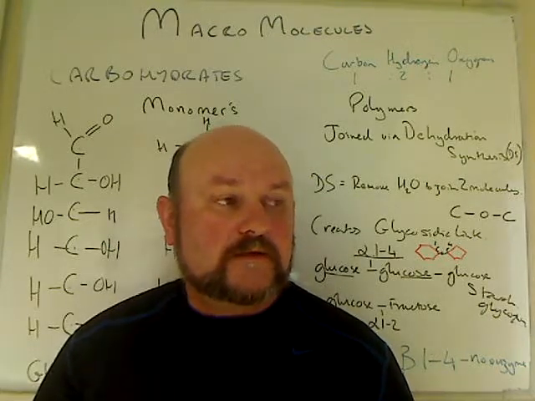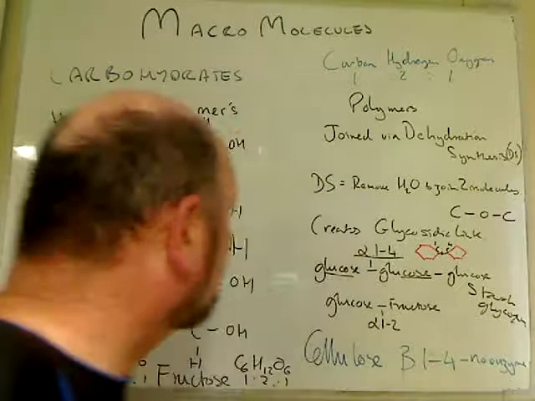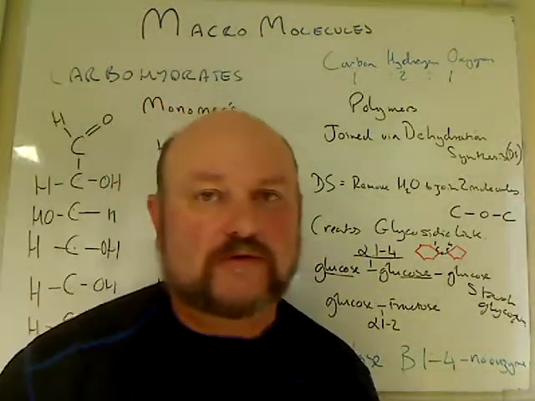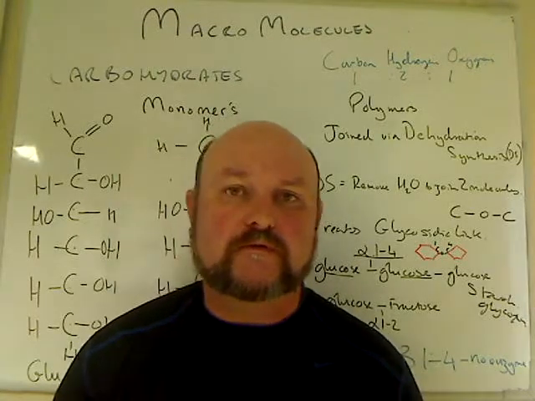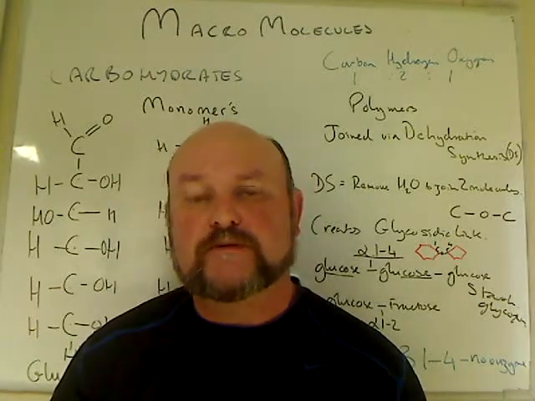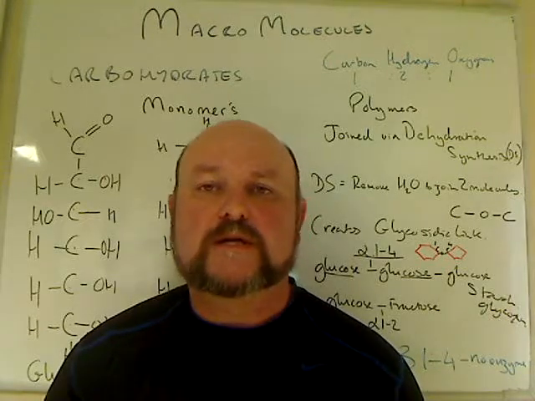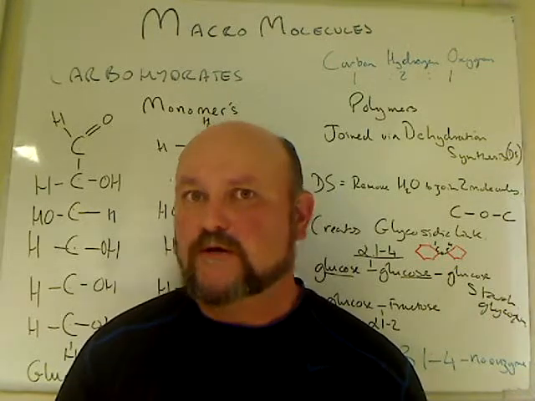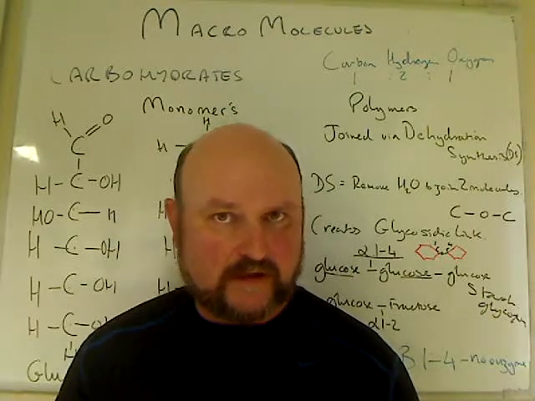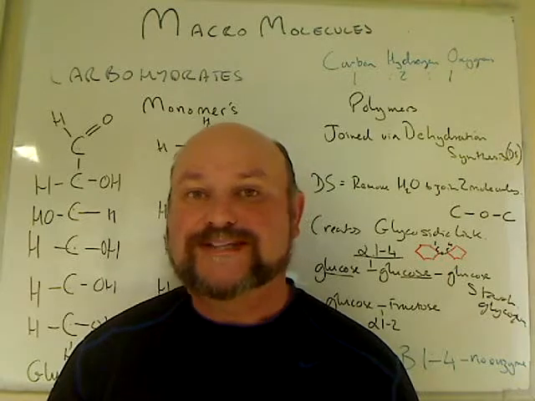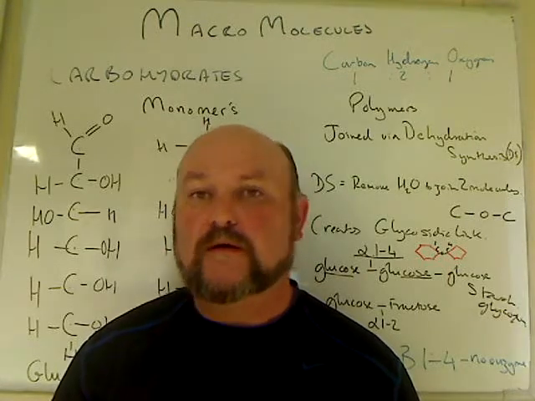The other aspect is how they're actually absorbed. We're going to talk about that later in the course in physiology. We're going to look at GLUT4 transporters when we talk about the endocrine system. But just mark it just now that glucose and fructose are absorbed differently. They have different carriers to take them in and out of cells. And we're much better set up for dealing with glucose than we are with fructose.